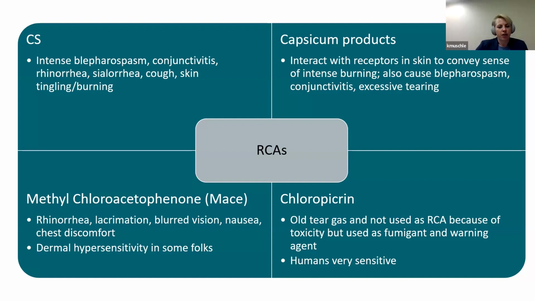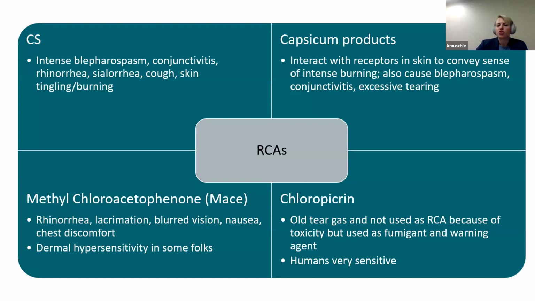And then there's chloropicrin. Chloropicrin is actually quite neurotoxic when it used to be used as a riot control agent, but it's still of note because it is a very unique chemical in that humans are exceptionally sensitive to the detection of chloropicrin. Where we find it most commonly these days is used as a warning agent.